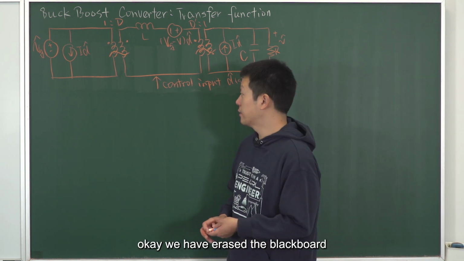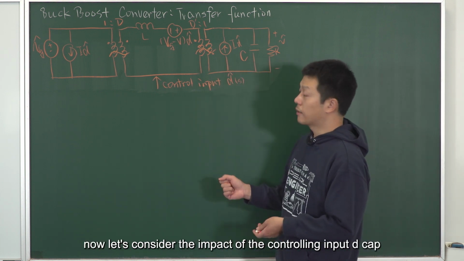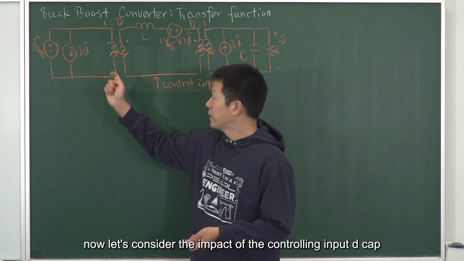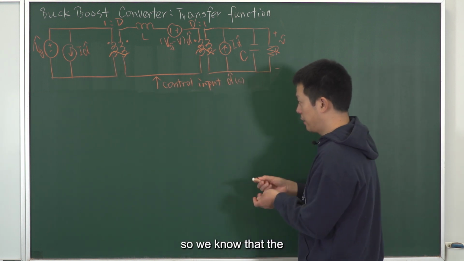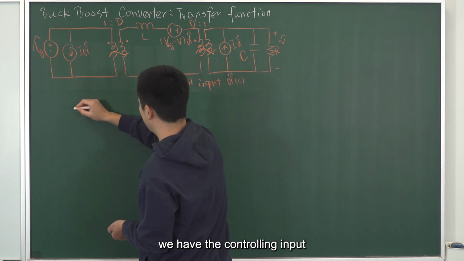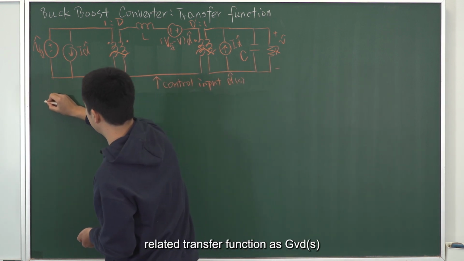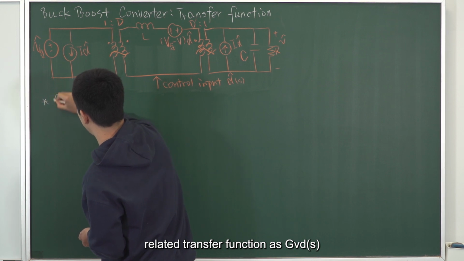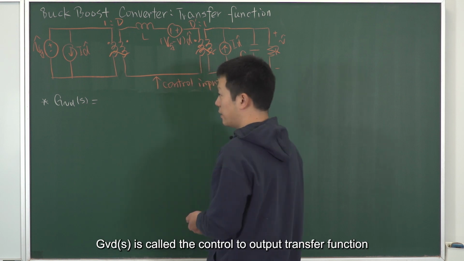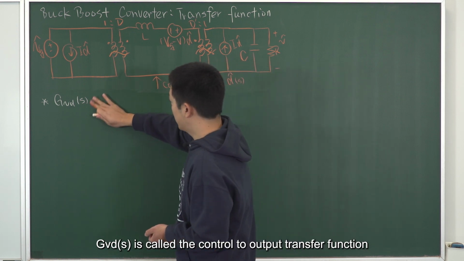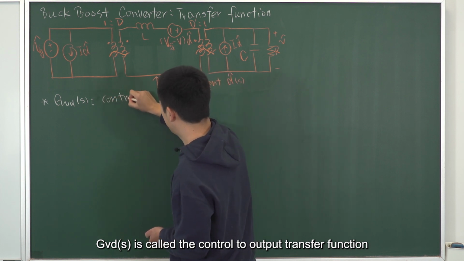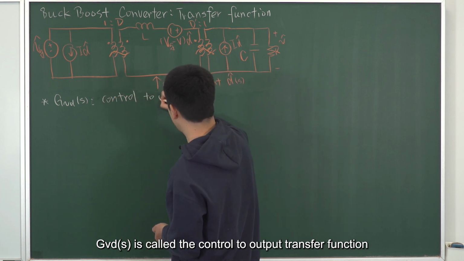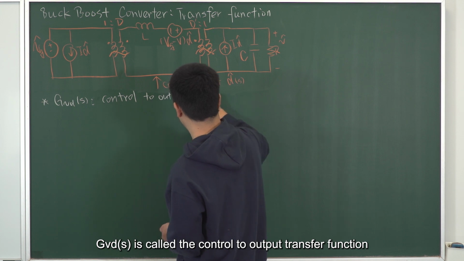Okay, we have erased the blackboard. Now let's consider the impact of the controlling input, d cap. So we know that we have the controlling input related transfer function as GVD(S). GVD(S) is called the control to output transfer function.